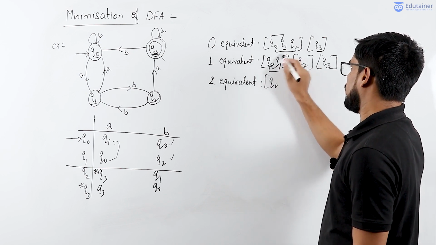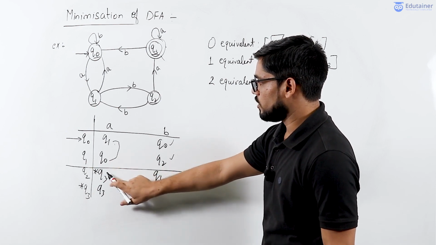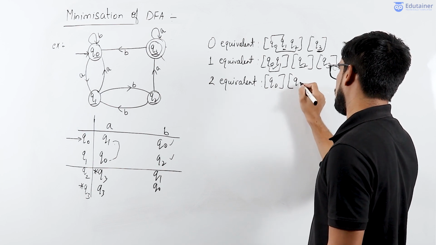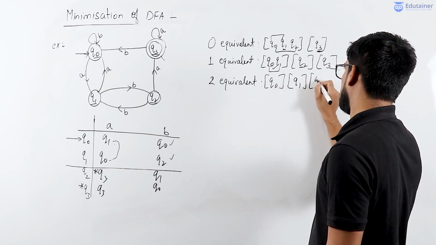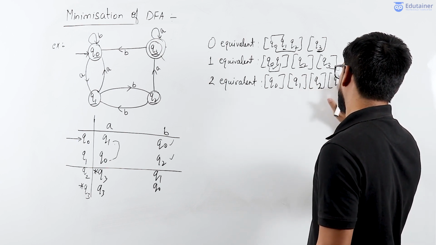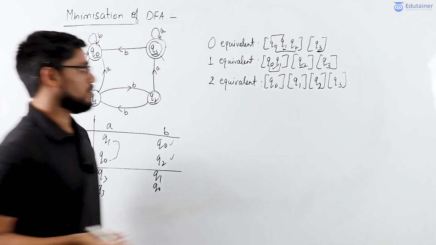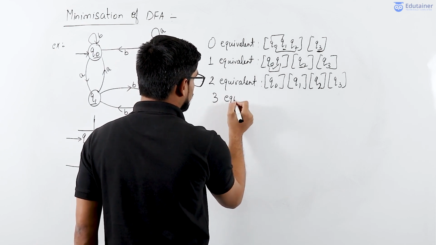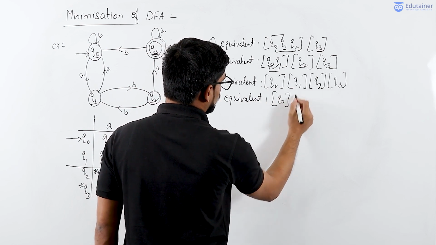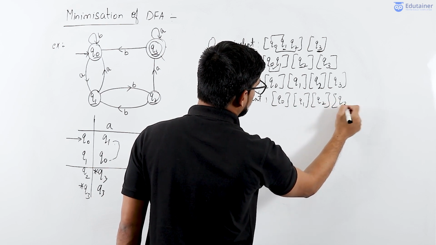Now compare Q1 and Q2. Q1 and Q2 go to Q0 and Q3 on a, which are in different boxes. So definitely they also do not come together, and we have to separate them: Q0, Q1, Q2 and Q3. Now if you go one more step, finding three equivalent, you will find that two equivalent and three equivalent are the same: Q0, Q1, Q2, Q3, because all these states are now separated.